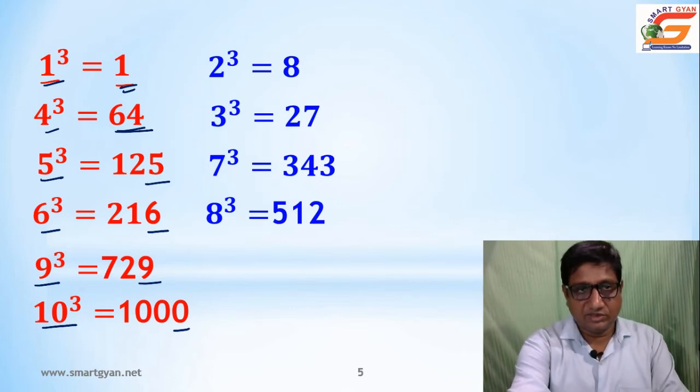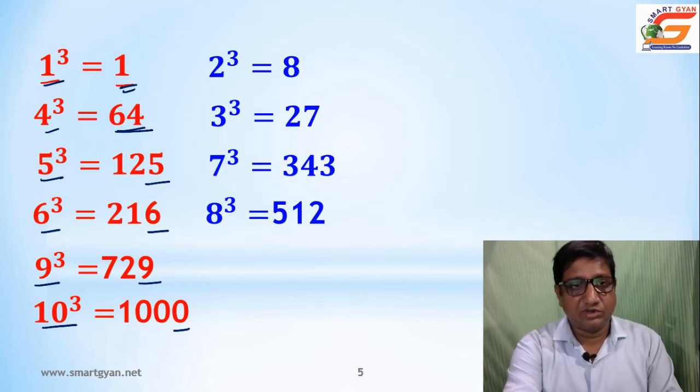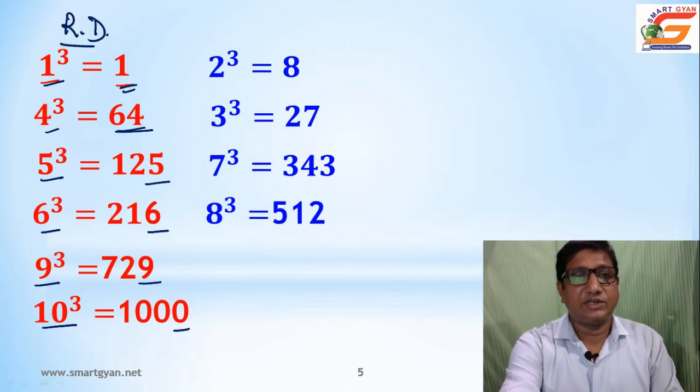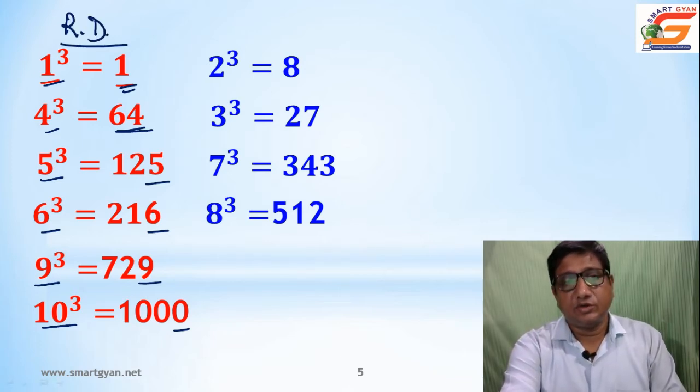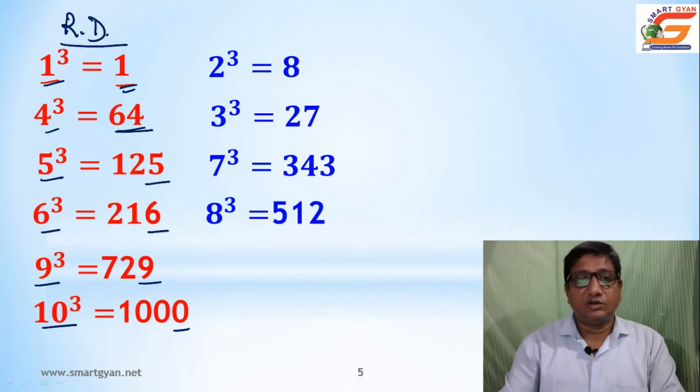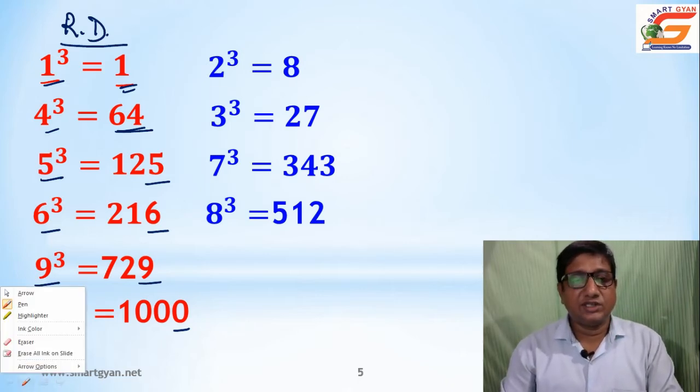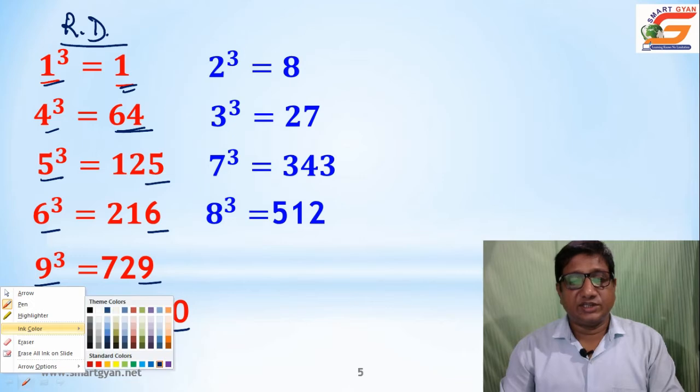If you observe carefully, these 6 digits 1, 4, 5, 6, 9, 10 are known as repeating digits, whereas the blue column digits are known as complementary digits.